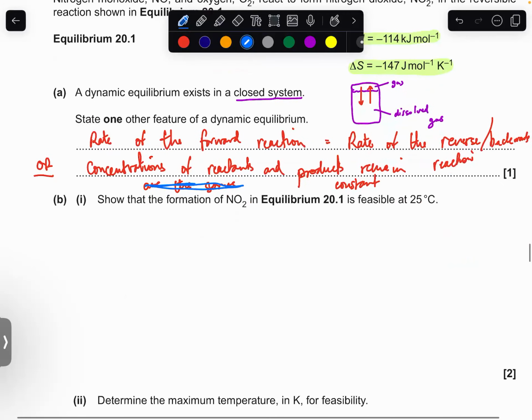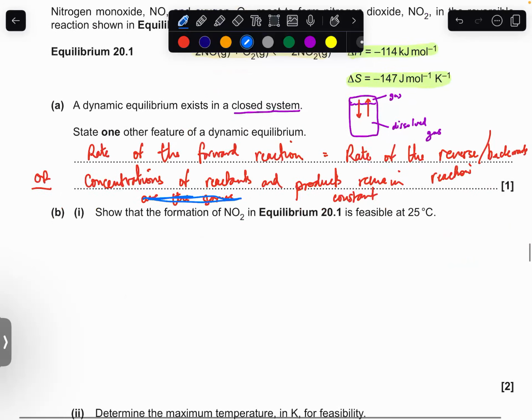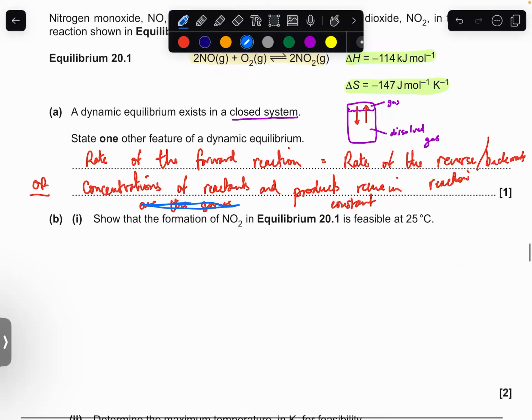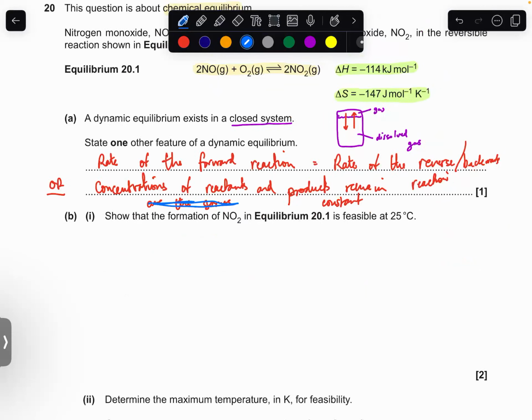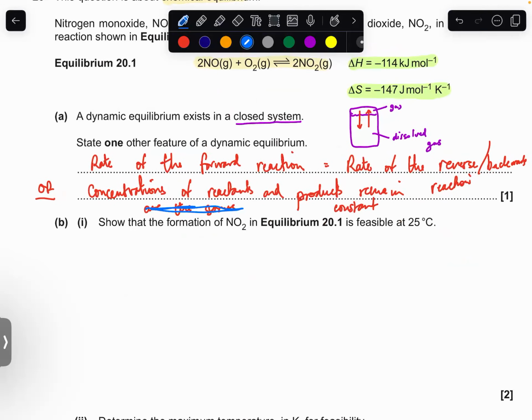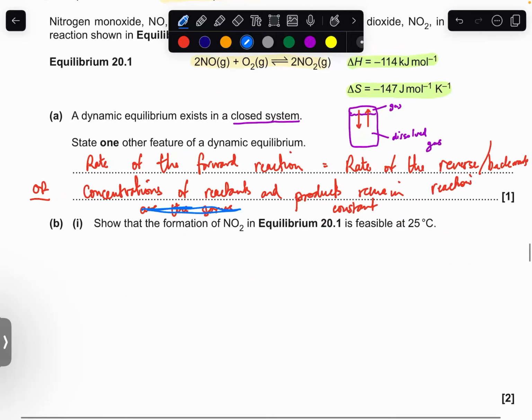It says, show that the formation of NO2 in equilibrium 20.1 is feasible at 25 degrees Celsius. So when we're looking at feasibility, we're going to look at this equation, delta G is equal to delta H minus T delta S. Now, feasibility at 25 degrees Celsius, so let's plug these values in.